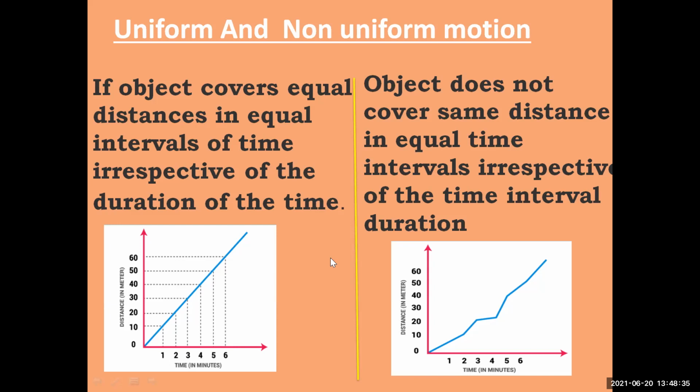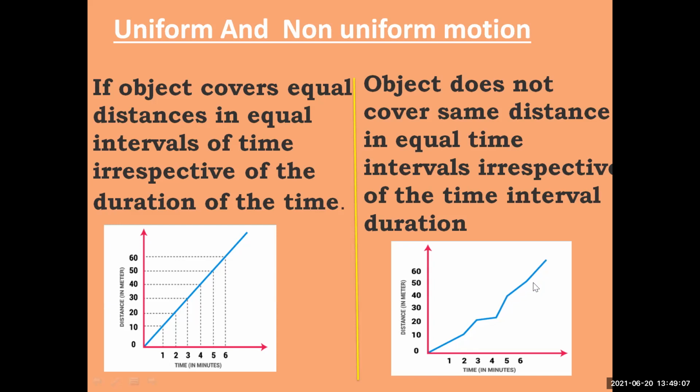The opposite of this is if the object does not cover the same distance in equal intervals of time. See here, again the same distance-time graph we have taken. For 1 minute it has covered some distance. In the second minute again there is a change. You can identify the difference between this graph and this graph. The blue mark is the motion of the object. Sometimes it's moving an equal distance, again it's increasing, again decreasing.